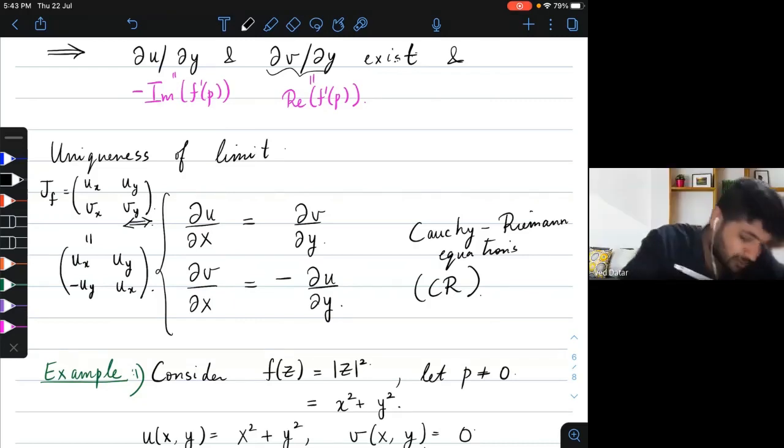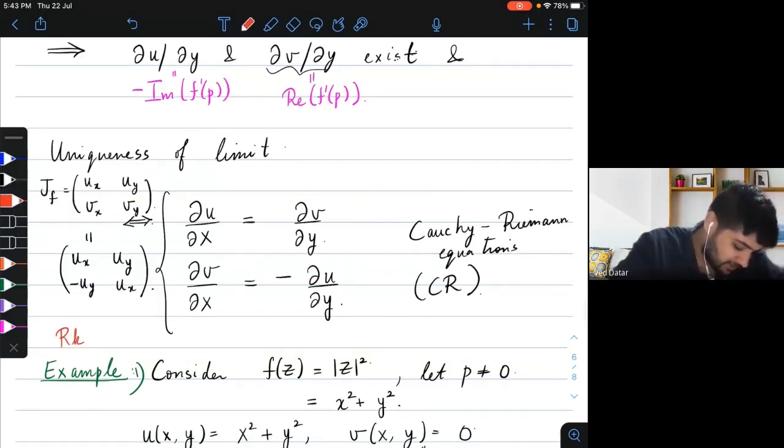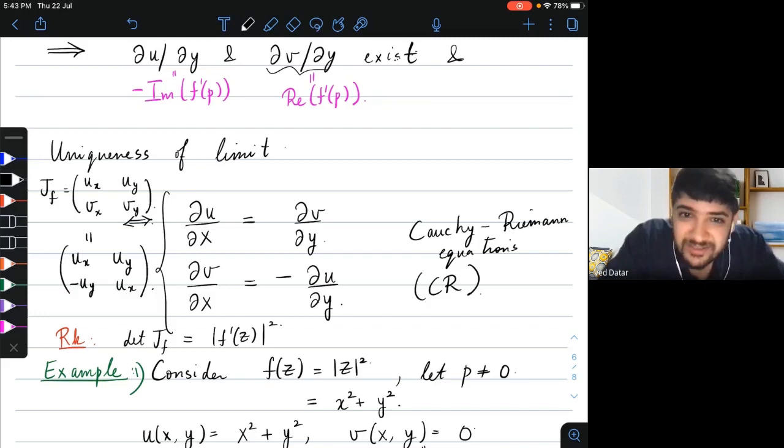Right, exactly, that's also a good point. So let me make a remark that the determinant of the Jacobian matrix will be mod f prime squared, and in fact this is quite useful in the subject that I work in.